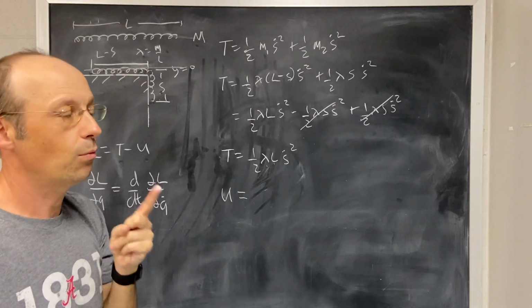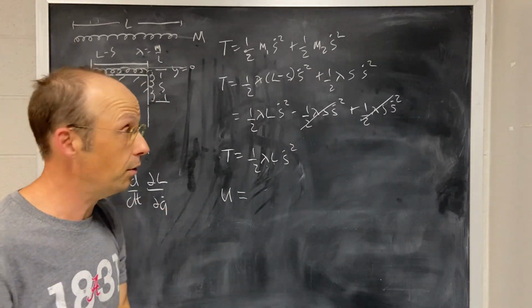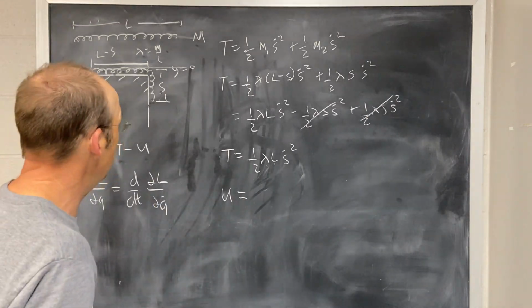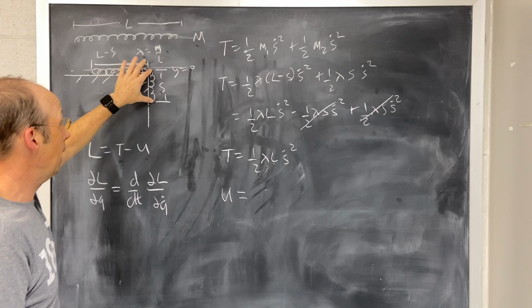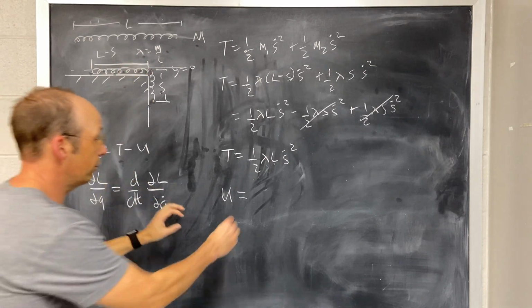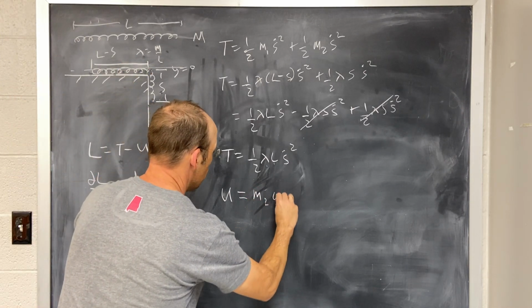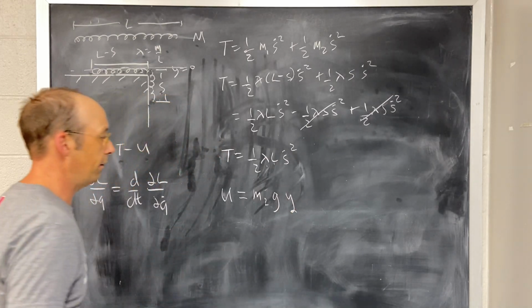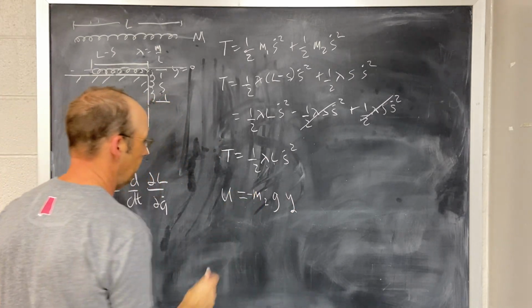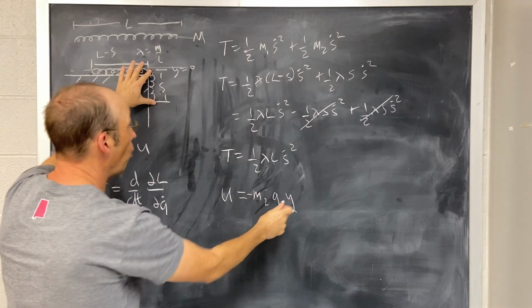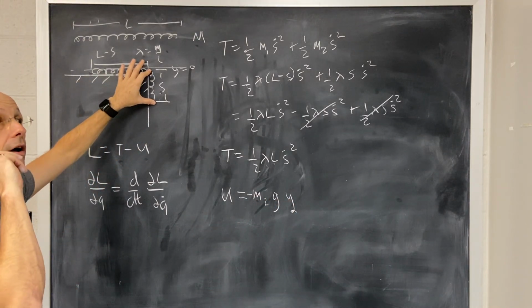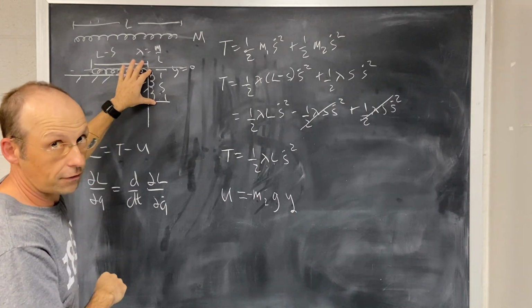And I actually worked this out beforehand because I wanted to make sure I could do it, and I made a mistake, and here's the mistake I made. Well, I know the mass of the piece is lambda times s. So this is going to be m2 gy. That's the gravitational potential at negative, right? So the m2 is the mass of that piece, g is the gravitational field, and y is the location of the center of mass of the piece.